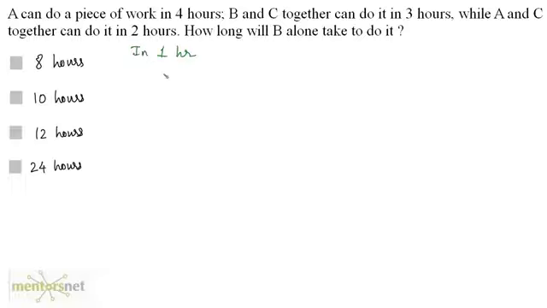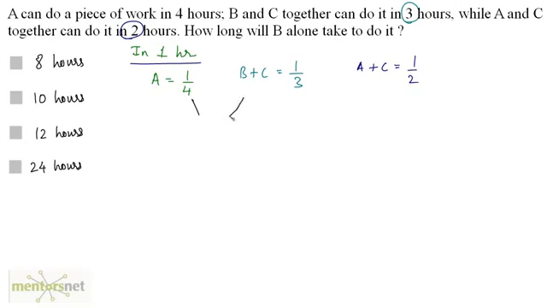So in 1 hour, the work done by A will be equal to 1 by 4. The work done by B and C together, that is B plus C, is equal to 1 by 3. And the work done by A and C together, that's A plus C, will be equal to 1 by 2, since they do it in 2 hours. That is half of the work done.